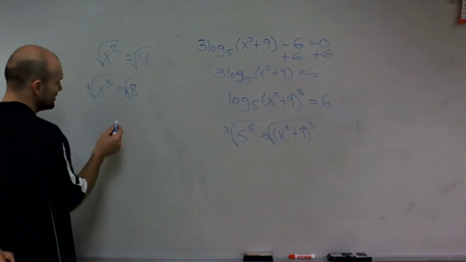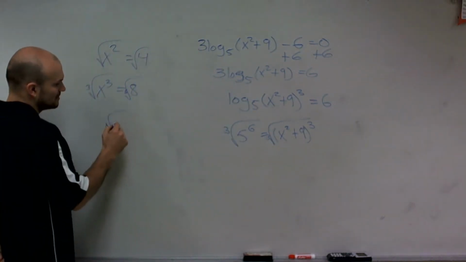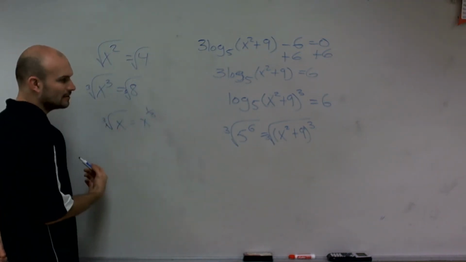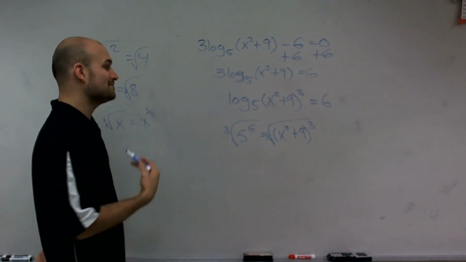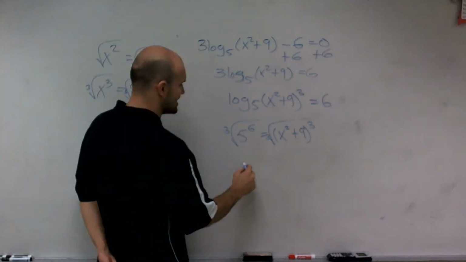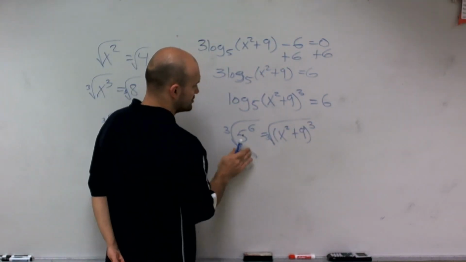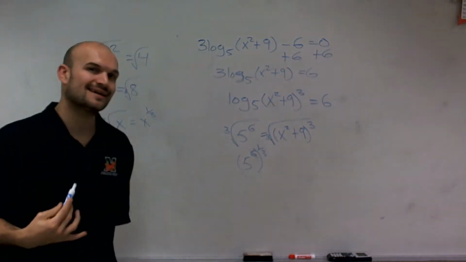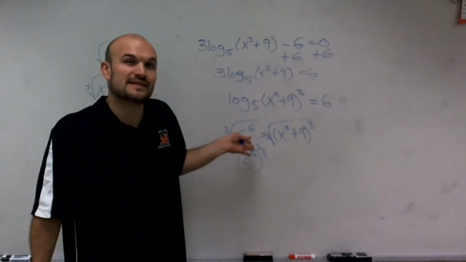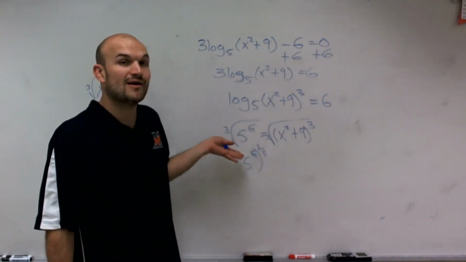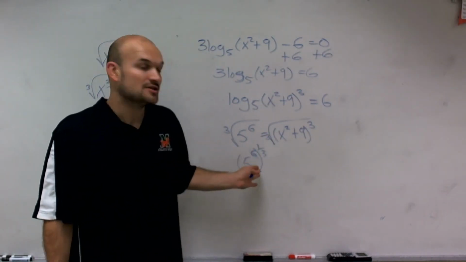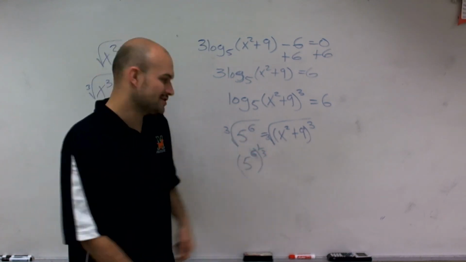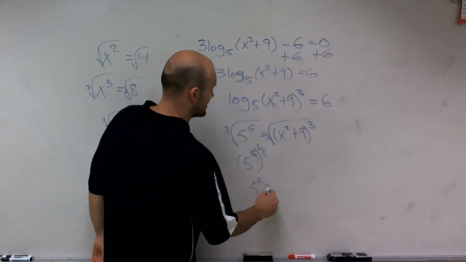The other thing to remember is the cube root of x is equal to x to the 1/3 power, so I'll rewrite that as x raised to the 1/3 power to help us out. So I have 5 to the 6th power times the 1/3 power. The reason I like to do that is because now I can apply the power of a power rule of exponents. When you have an exponent raised to another exponent, you multiply them. So 6 times 1/3 is 2, which leaves me with 5 squared equals x squared plus 9.